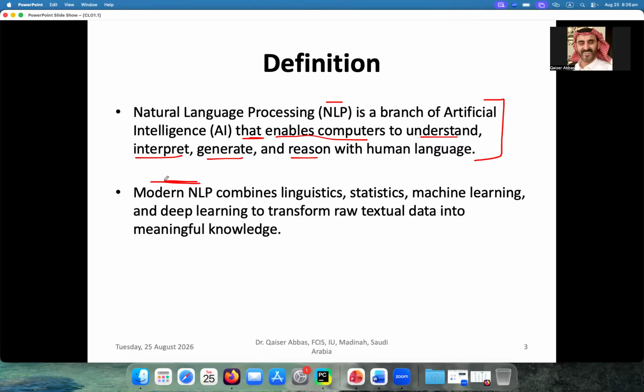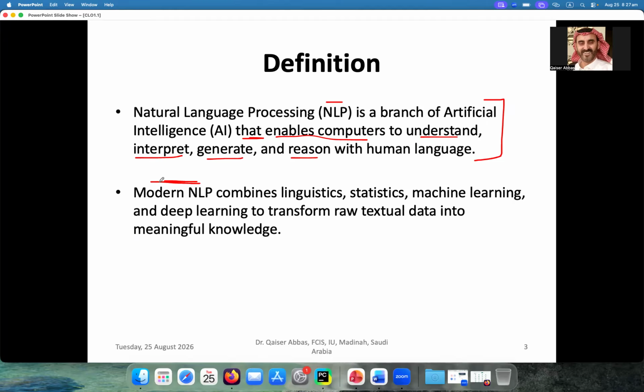And statistical, you have different formulas in that that you have studied in stats. So if you are using those statistical theories or some probabilistic theories, that is what modern NLP is dealing with.